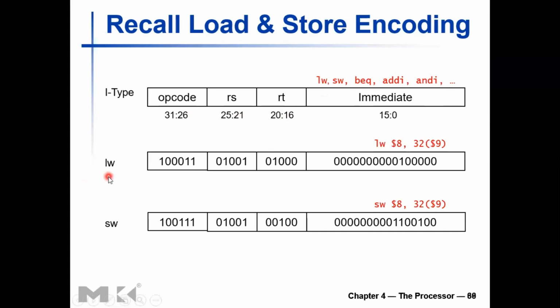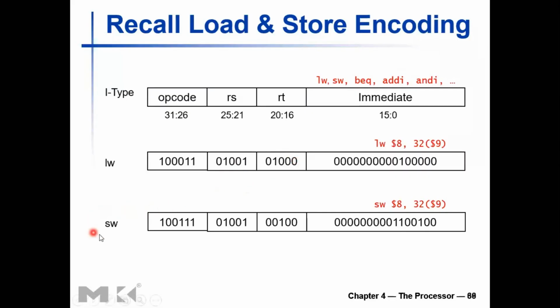So in the case of a load word instruction, the base register is RS, bits 21 to 25. That contains the base of the address. You need to add the offset to that base. And RT is the destination register, where the result is written.